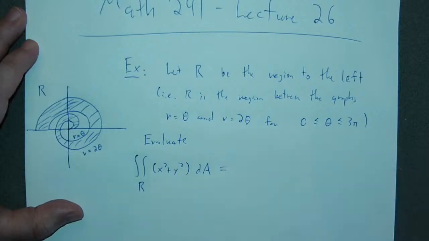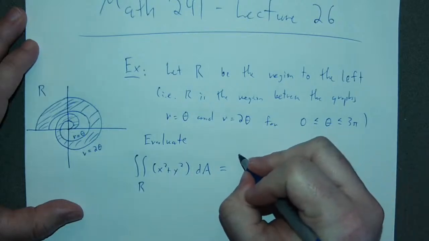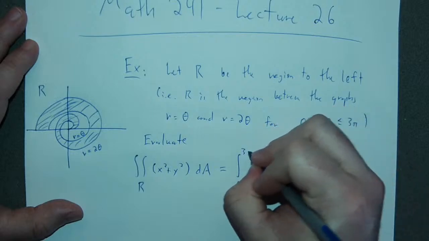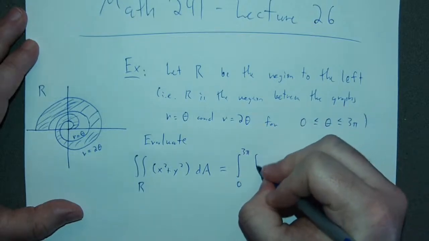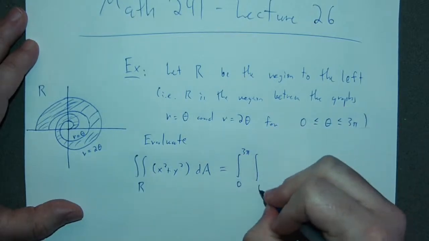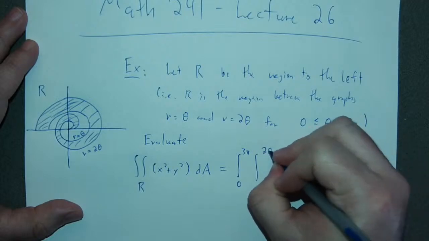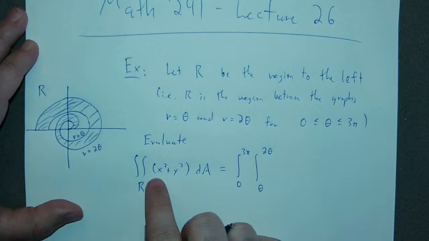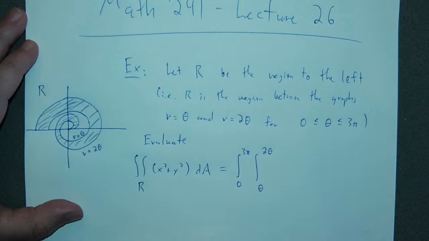And so how do I do this? This would be the integral from 0 to 3 pi of the integral from theta to 2 theta of, tempted to write x squared plus y squared here, but I know that really what I want to do is plug in what x and y are in terms of r and theta.